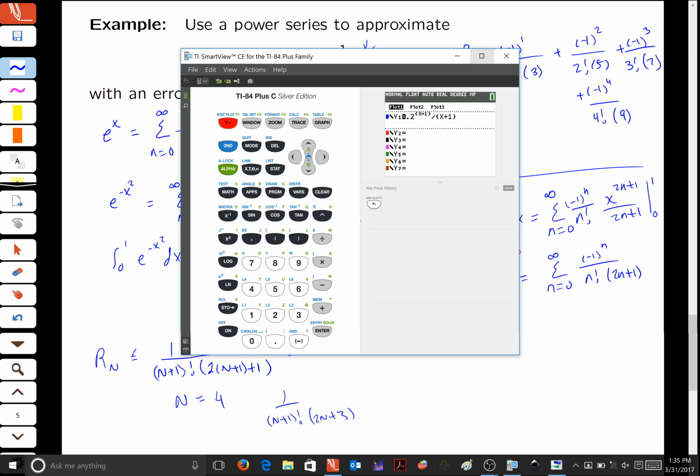Y equals 1 divided by x plus 1 factorial times 2x plus 3.